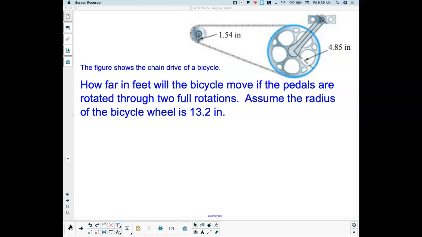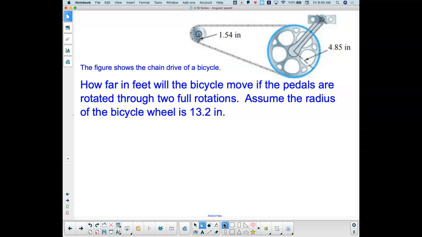Just so we're all aware, the wheel, the tire, if you will, is right there. Right? Okay. No. I don't have a clue.